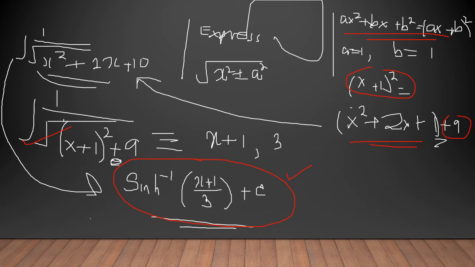So now the solution to this question here will be sine inverse of x over 1 over a, which is 3, plus of course c, because once we do integration we expect to have a balancing constant.